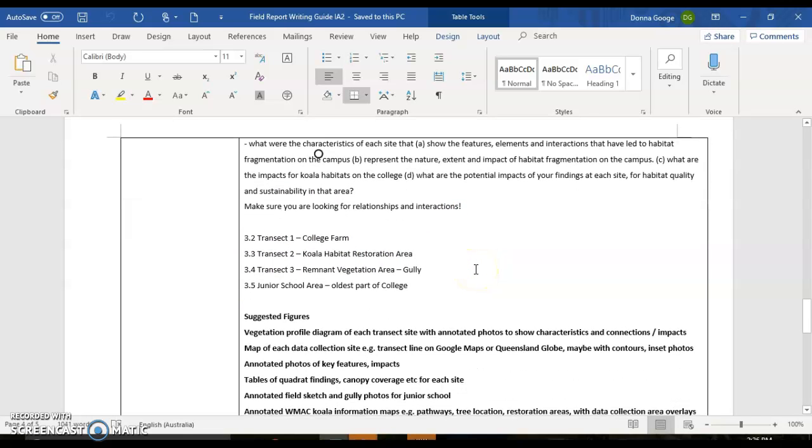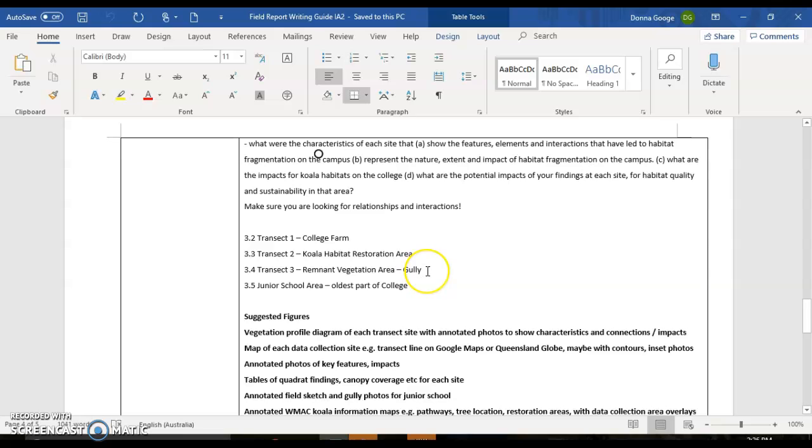So our investigation areas included the farm, the koala habitat restoration area, or the dam spoil hill, however you want to characterize that. It's got some koala habitat restoration, but that's been at the expense of dumping all the dam stuff there in the first place. The remnant vegetation area, which is the gully, and the oldest part of the college over in the junior school.